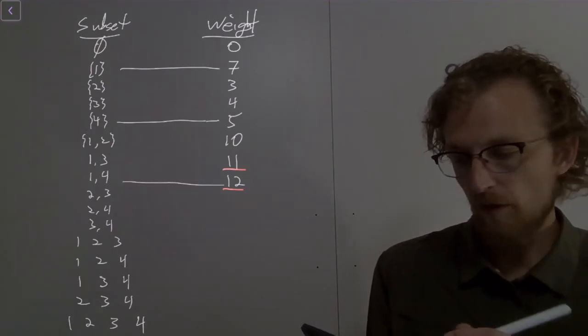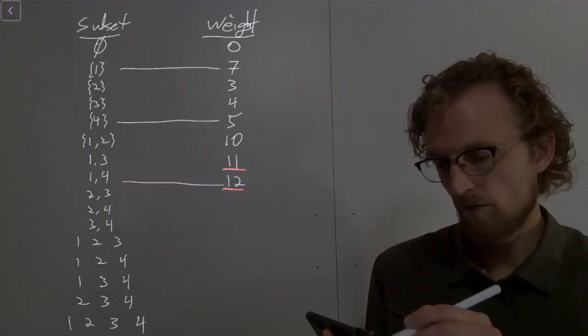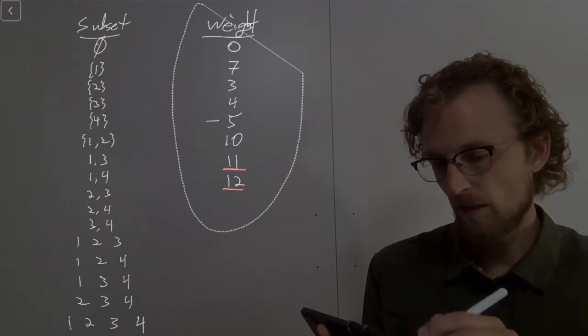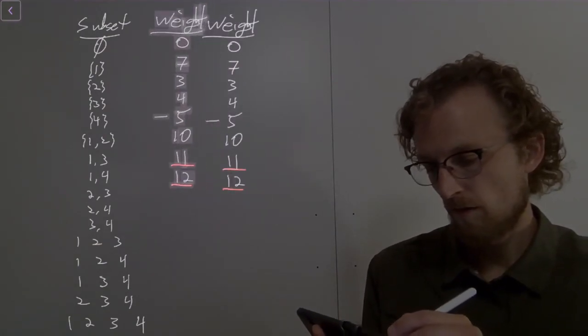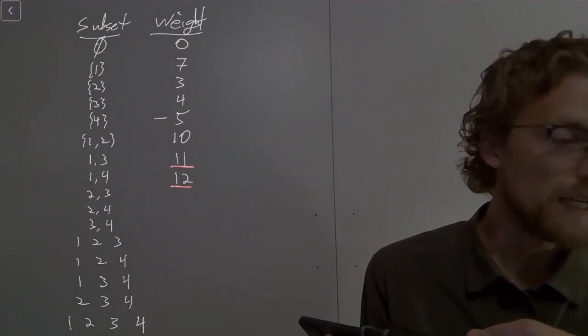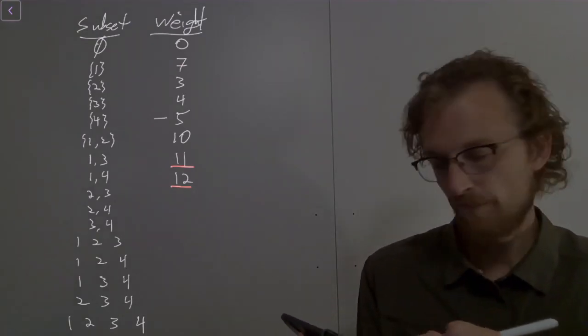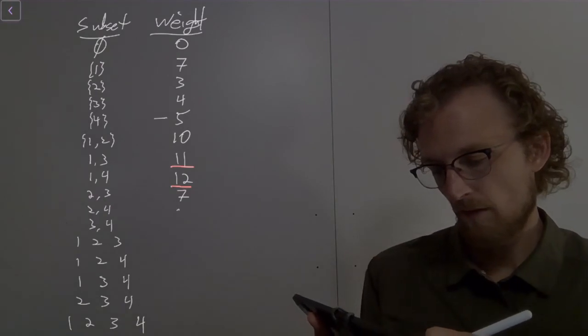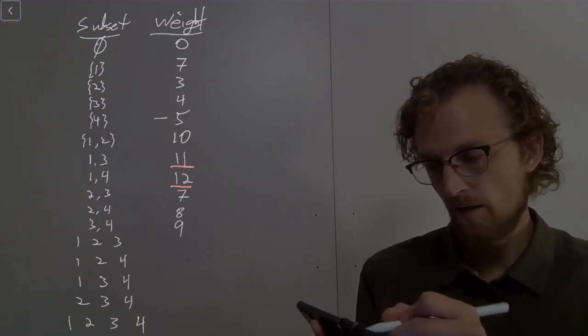2 and 3, you know what I can actually do? I can bring these closer together. There we go. So if I take 2 and 3, that has a weight of 7. This has a weight of 8. This has a weight of 9.